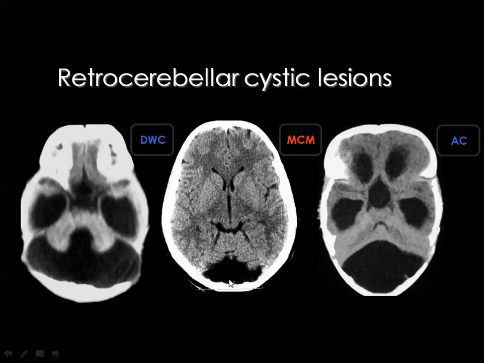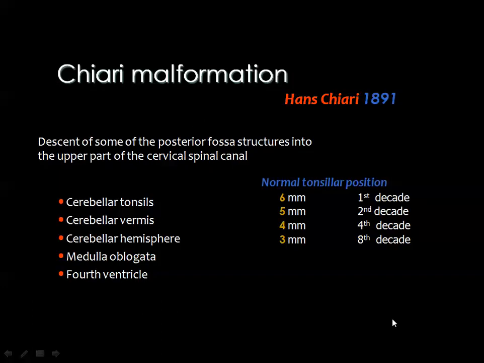The cerebellum is good, the fourth ventricle is normal, the vermis is present, and the supratentorial ventricles are not dilated. Retrocerebellar arachnoid cyst: there is a cyst which is not communicating with the fourth ventricle, but due to the compression effect, there will be supratentorial hydrocephalic changes.